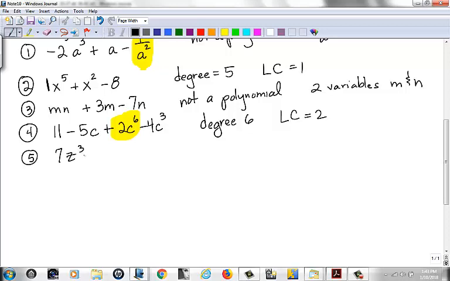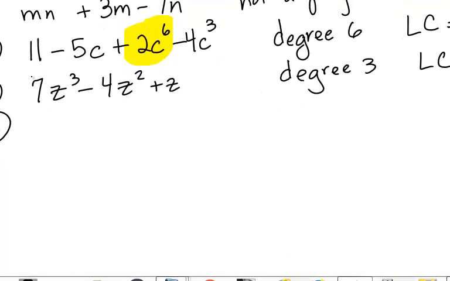7z to the 3rd minus 4z to the 2nd plus z. Yes, degree 3. Leading coefficient 7. Last one of these, 3x to the 5th plus 2x to the 2nd minus 8x to the 6th.